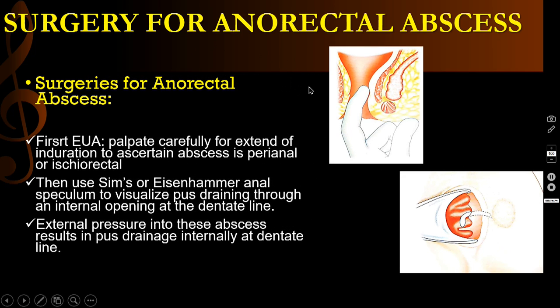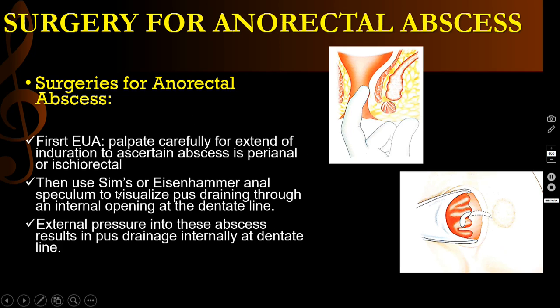So we have to determine whether these patients are having this internal connection. So first you have to examine the patient under anesthesia. Examination under anesthesia. Do a digital rectal examination. Palpate carefully for extent of induration to ascertain whether the abscess is perianal or ischiorectal.